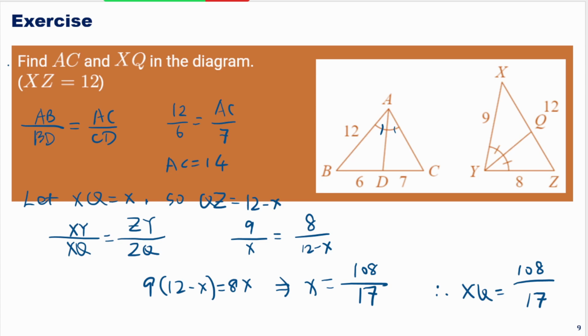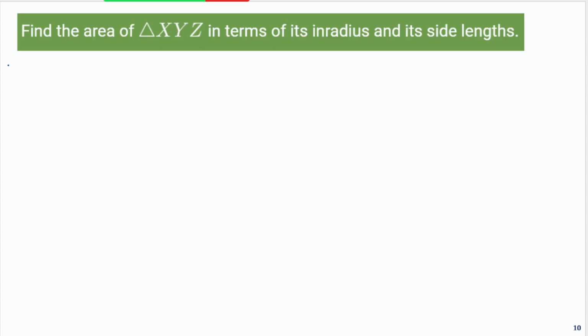Okay, if no questions, let's consider another important property that is related to the inradius and side lengths. Can you find the area of triangle XYZ in terms of its inradius and its side lengths?